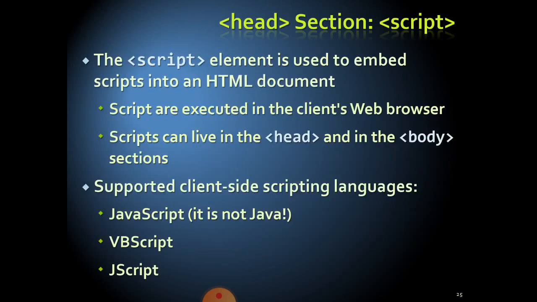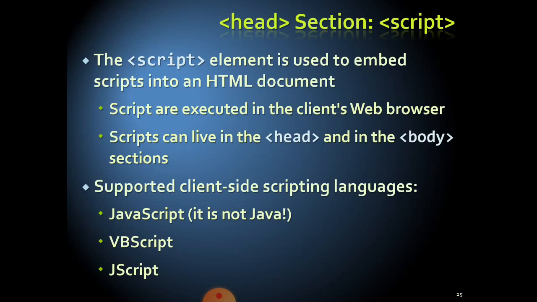And next is the script. In the head section we are having the script. This script element is used to embed scripts into your HTML document. We can keep scripts in this HTML document by using the script tag. The scripts are executed in the client's web browser. Scripts can live in the head and the body tag.